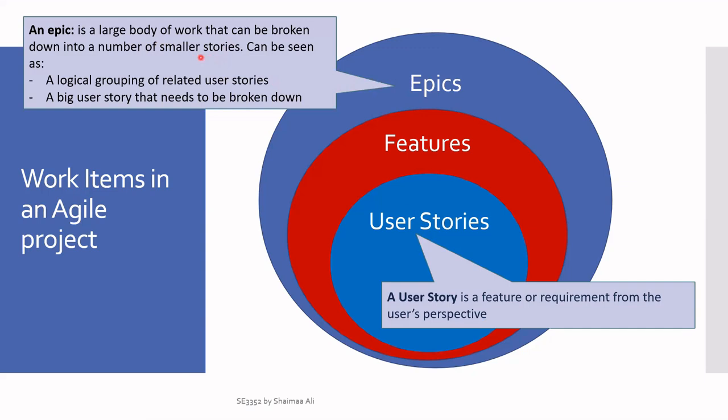You can think of it as a logical grouping of related stories, or as a big user story that we don't know how to break down yet. So eventually we have a user story, we know it needs to be broken down, but we can put it as an epic to begin with, and then start breaking it down.